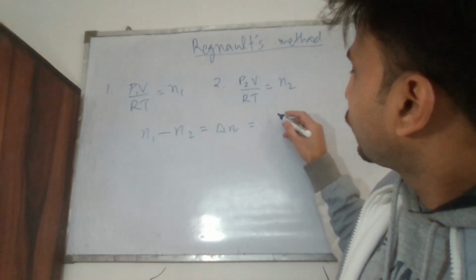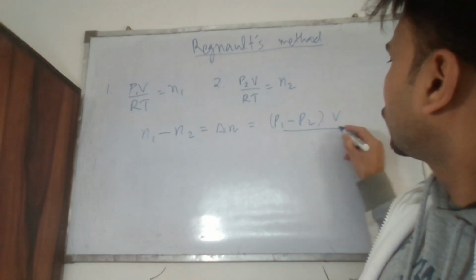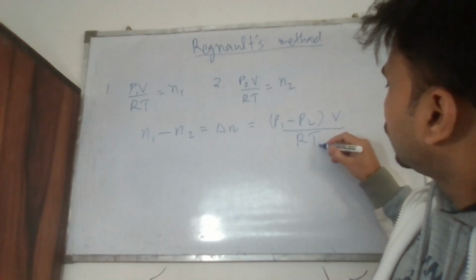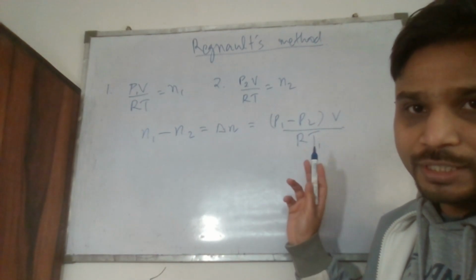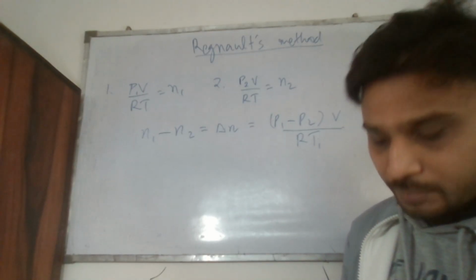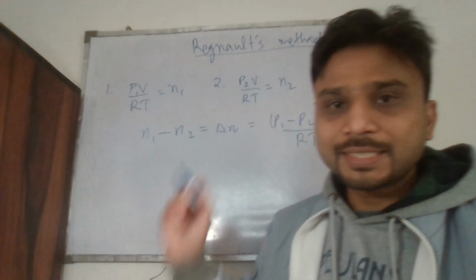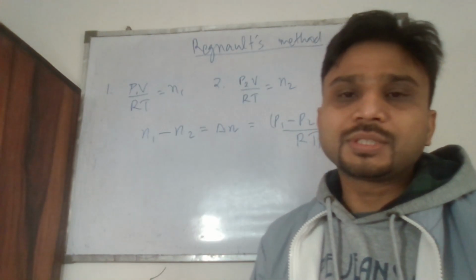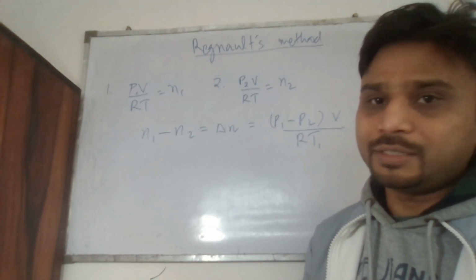This T will be the initial temperature, right? R would be the universal gas constant. So now this moles of the gas, that is delta n, that we have to use to heat our calorimeter.